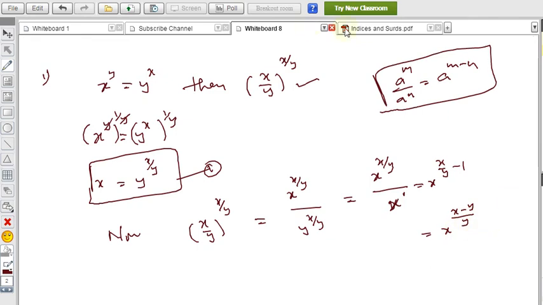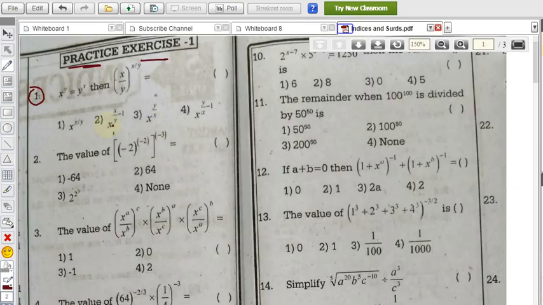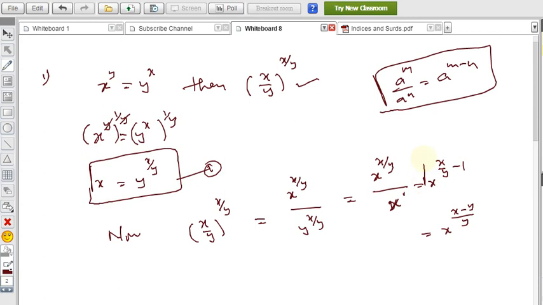The options given are only up to here. So we should make the bases the same, then we can apply the formulas.